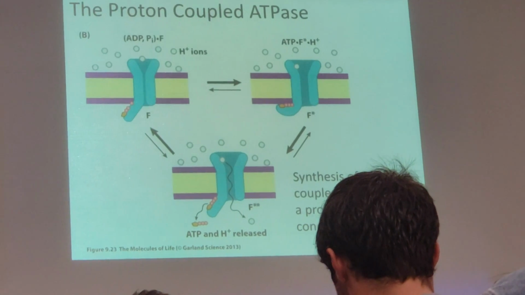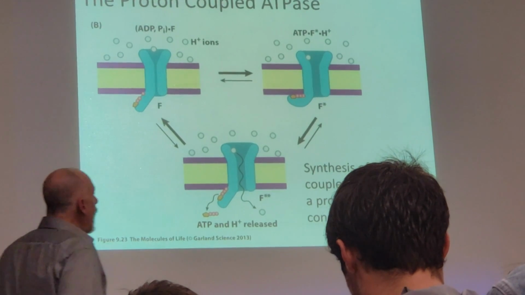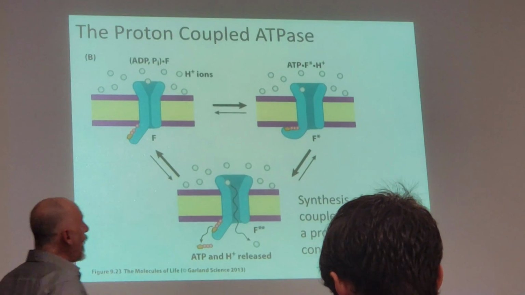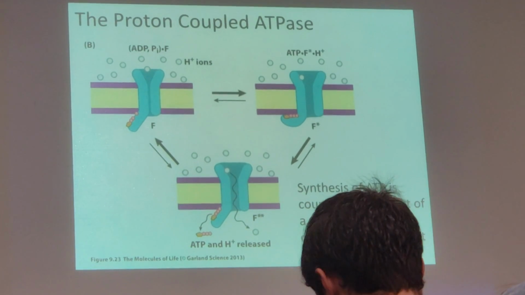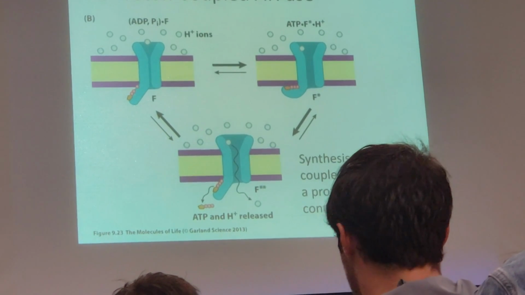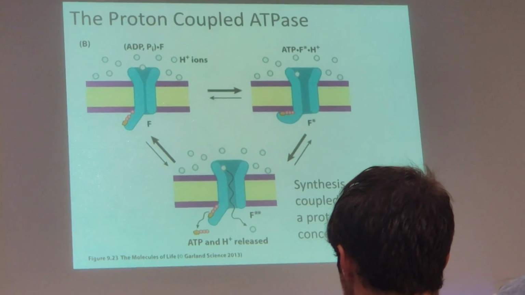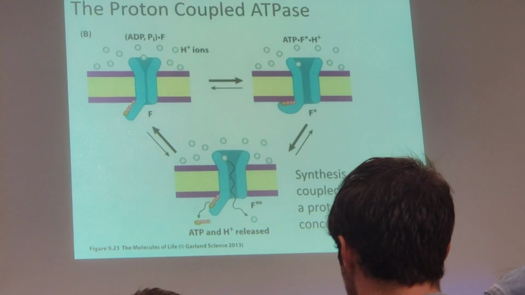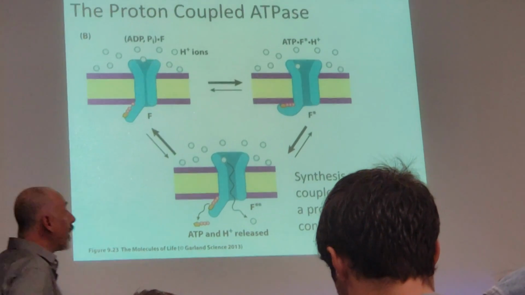Now this is at very low resolution, no real molecular resolution to this. And then ultimately, I'm going to couple the movement of a proton down the concentration gradient. If it goes down the concentration gradient, is that energetically favorable or disfavorable? Favorable, right? When we think of diffusion, that's the favorable reaction. We'll talk about chemical potentials more.